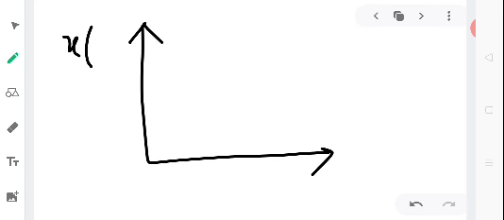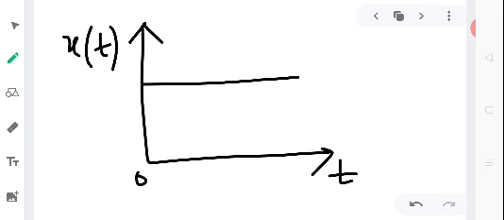So the relative displacement, that is x minus x0 with respect to time, will be a straight line, because x0 is equal to x02 minus x01. The two objects remain a constant distance apart throughout the journey. So this will be the position time graph for relative displacement.